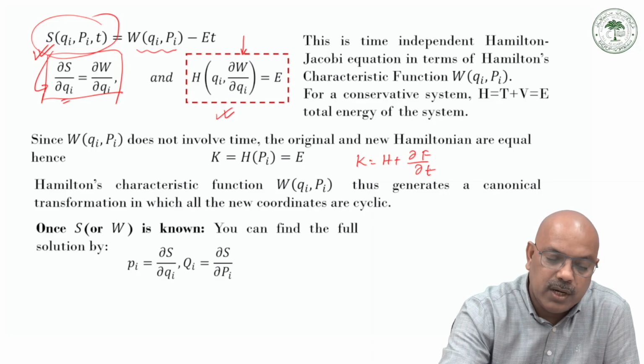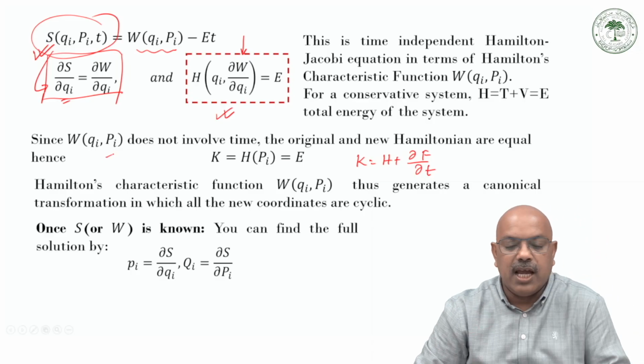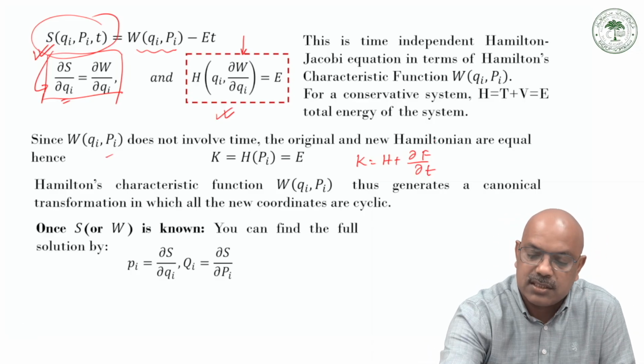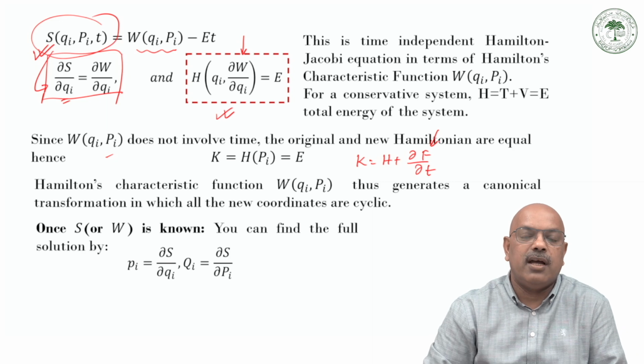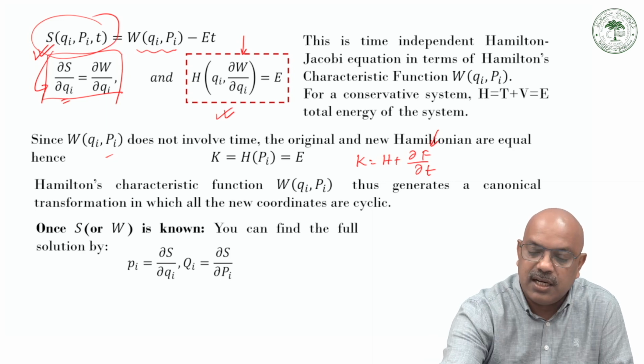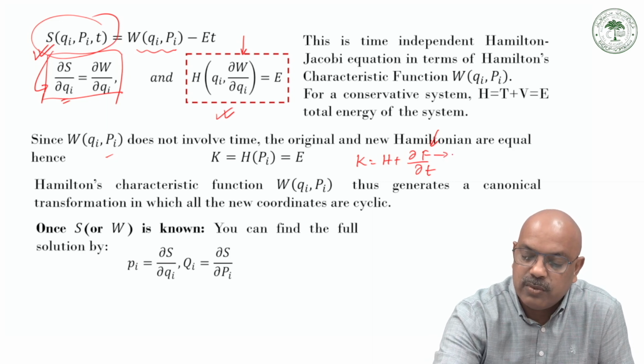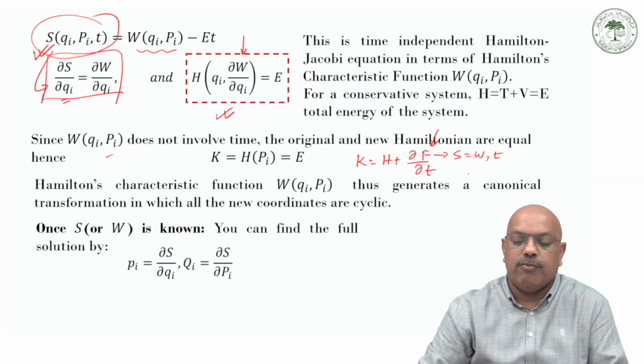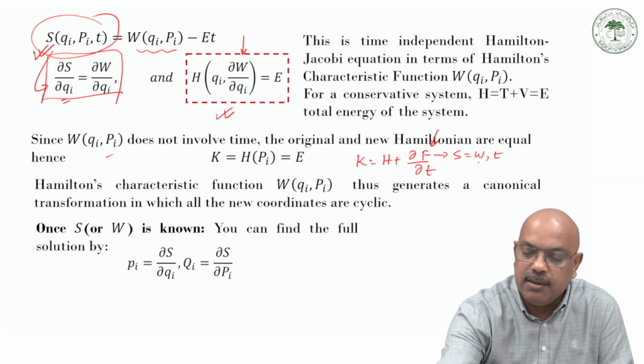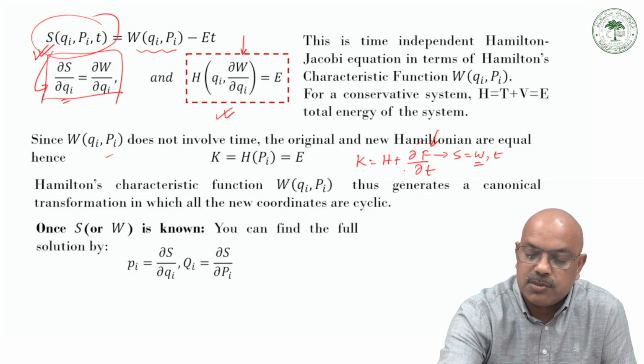When this does not involve time, that is going to be in terms of the generator, which is S, in terms of W and t. So when it is not depending upon time, in terms of W, this part is going to be 0.